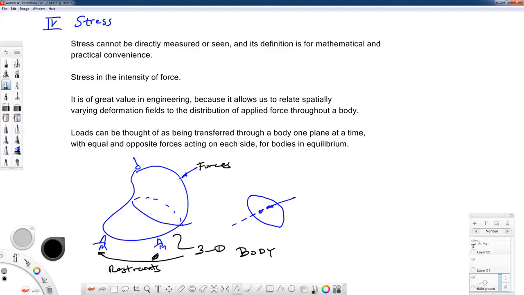Well, the way that gets transmitted through these different planes is through the stresses in the body. And those stresses themselves, although they're distributed through the body, if we were to pull a plane out of this body, here it is here, we would have a force on the top surface of the plane, and we could have a force on the bottom surface of the plane. And we would realize that those are equal and opposite forces through Newton's laws.